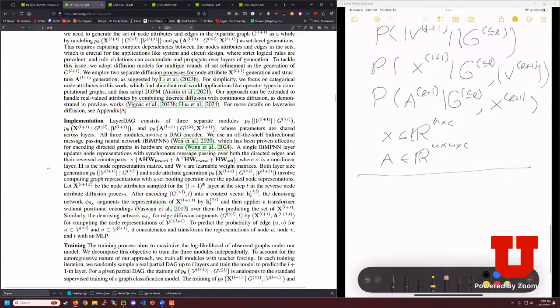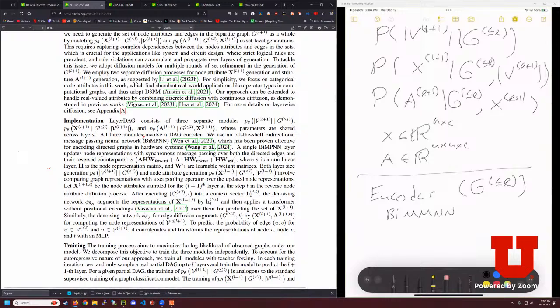So I guess the important thing is that they have an encoder to encode the graph information, which they're training by doing a bipartite message passing neural net.